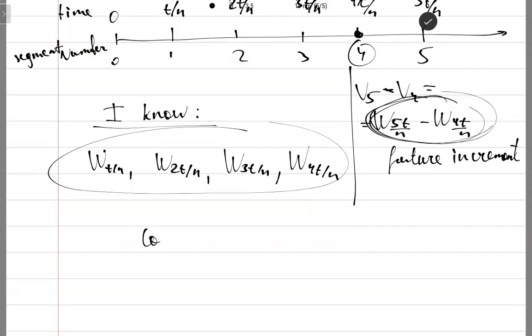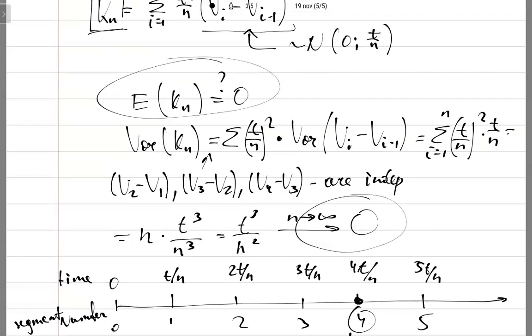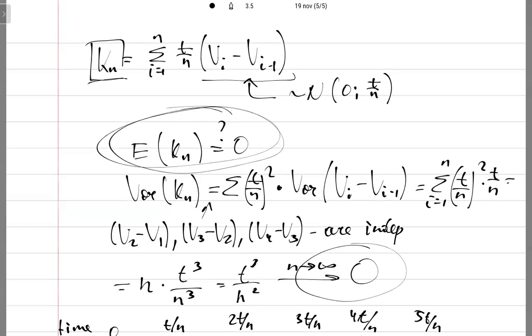Our conclusion: the sequence Kn tends to 0 in L2 and in probability, because the variance is getting smaller, so the sequence of random variables K1, K2, K3 is more and more like a constant, and the expected value is 0, so it's more and more like the constant 0. Okay, with Kn we have finished.